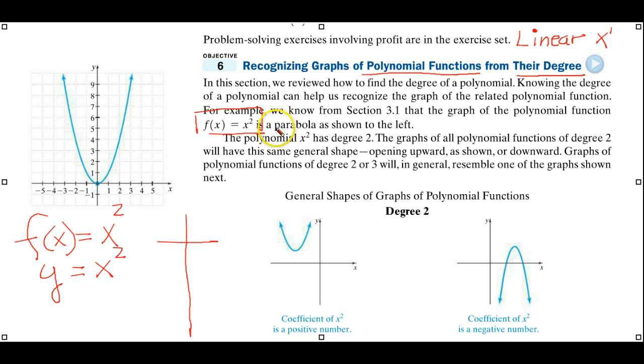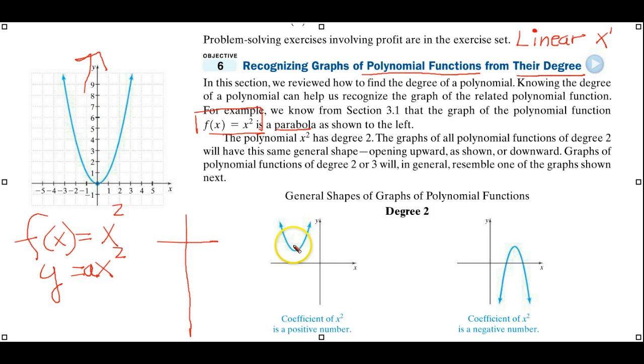This is a parabola. Now, this parabola is opening upwards, and it opens upwards when the A value, the numerical coefficient of x squared, is positive. I could put the letter A in front here, or if there's just a 1, it's the same.